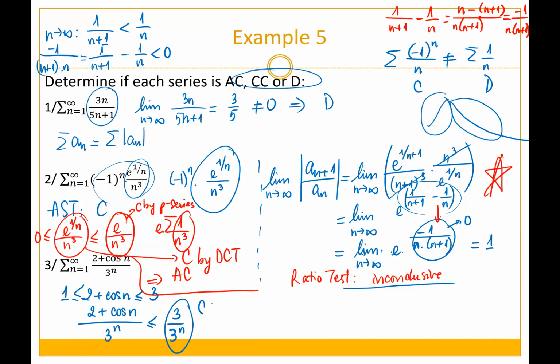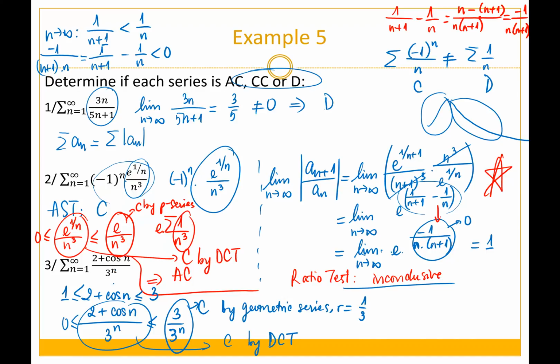This one is a convergent series by geometric series with the r value equal to 1/3. Therefore, this one is also convergent by direct comparison test. Now, is it conditionally convergent or absolutely convergent? Well, let's just think about it.